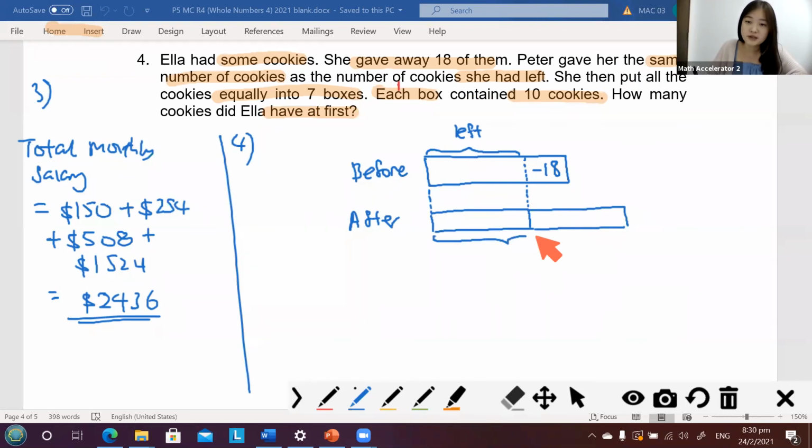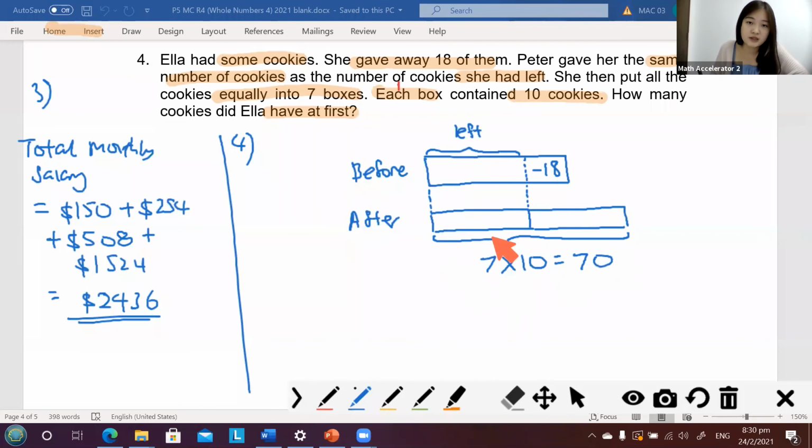So how do you find what is the value here? Now that you know each box is 10 cookies and you have 7 boxes. Okay, good. 7 times 10, which is 70. Then what's your next step?